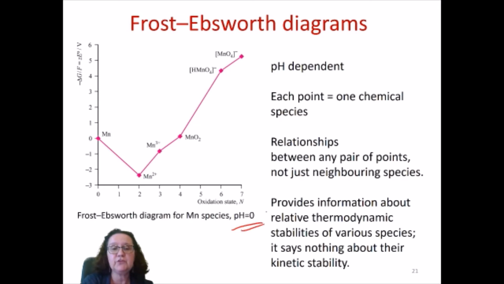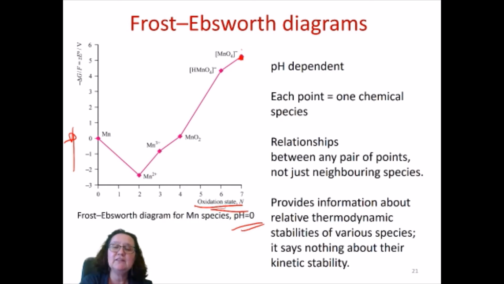It's a way of representing the different oxidation states on the x-axis, and on the y-axis the electropotential of the cell. Each point in the graph represents a particular chemical species that that element stabilizes. And it can give you the relationship of the different species that, in this case, manganese stabilizes at pH 0.